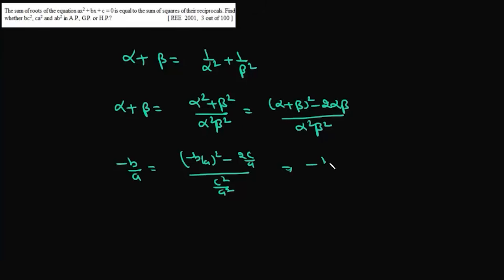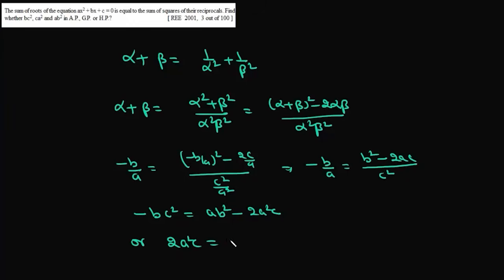We can write it as minus b upon a, and here it will be b square minus 2ac upon c square, which we can write as minus bc square equals ab square minus 2a square c, or 2 times a square c equals ab square plus bc square, which means these three given numbers are in AP, and that is the answer to this question.